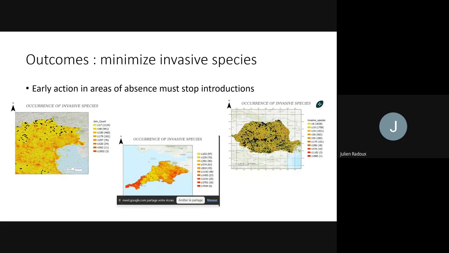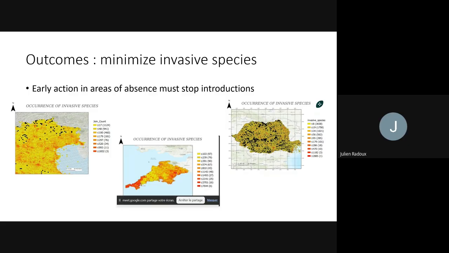So those two outcomes, as I mentioned, are on one side the invasive species. With invasive species, what is very important is to stop introductions. By definition, invasive species are very competitive, so they are able to take the place of other species.